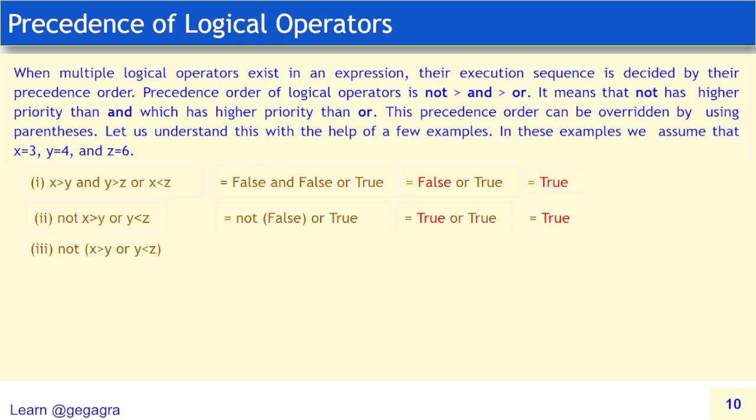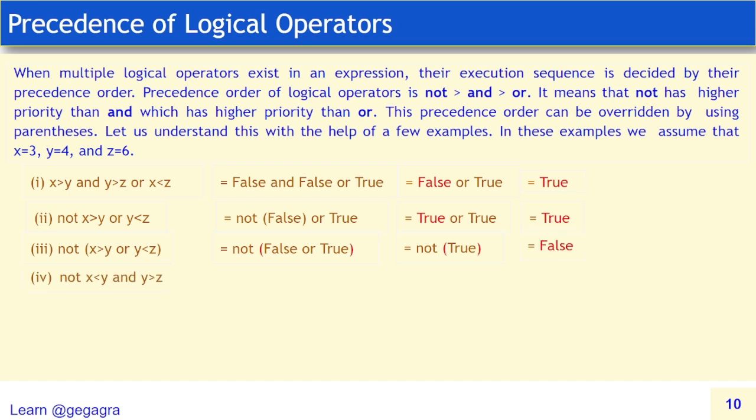Next: not of x greater than y or y less than z, with parentheses. x greater than y, no. y less than z, yes. So false or true will give you true, and not of true should give you false. Because x is not greater than y, this gives false or true, then the negation of false or true will give you false.